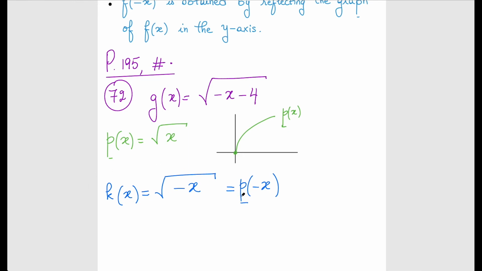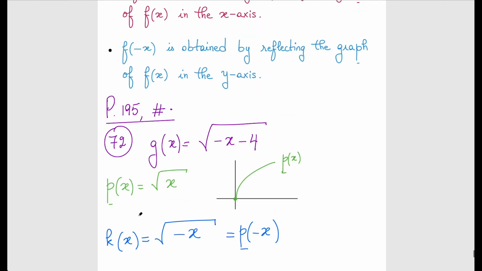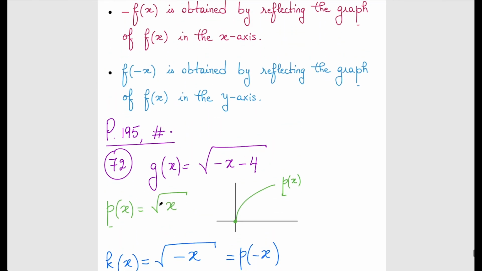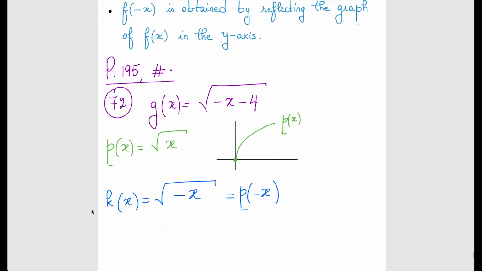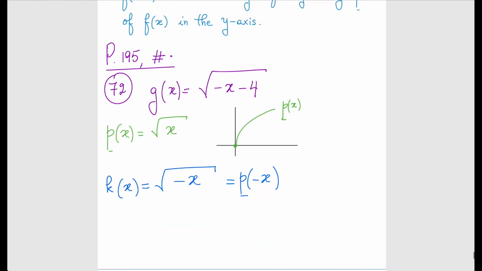We know how to graph p. It's right there. Now the question, how do we graph p of -x, which is k? Well, if you know how to graph p, p of -x is obtained by reflecting the graph of p of x in the y-axis. So reflect p in the y-axis to get the function k of x, right?